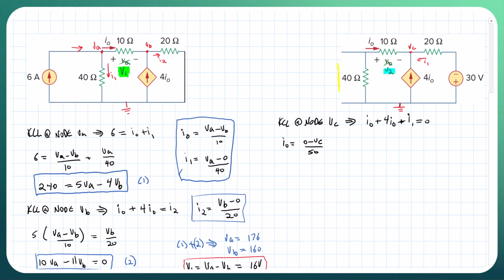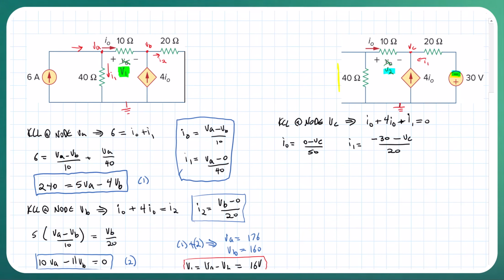So we have 0 minus VC over 10 plus 40, because they're in series, so that's 50. Okay, that's I naught. And then our I1 is going to be, in this case, minus 30 minus VC over 20.